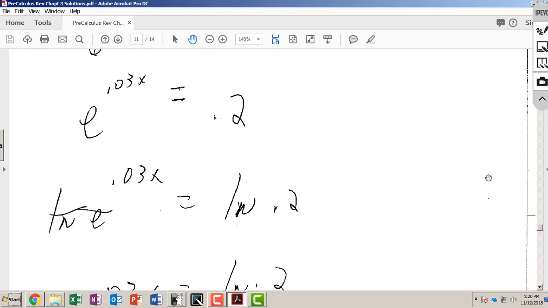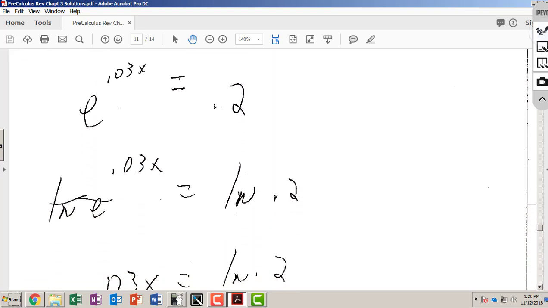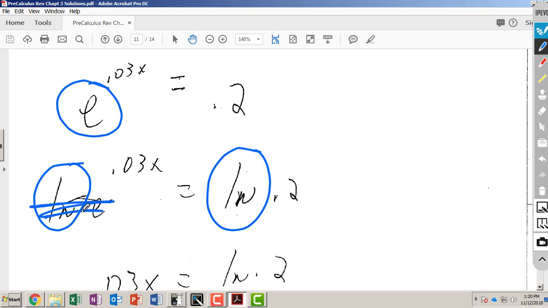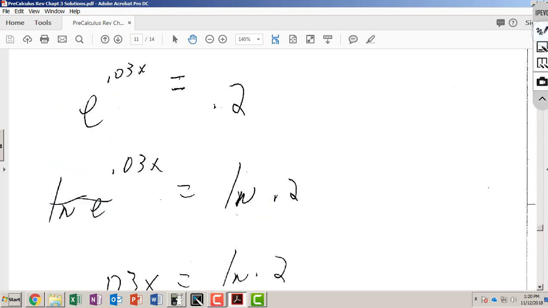When I divide by 6, I end up getting e to the 0.03x equals 0.2. Now I have to remember that the opposite of e is going to be ln, so I'm going to take the ln of both sides of my equation. This crosses out, the ln and e are opposites of each other, and I end up with 0.03x equals the ln of 0.2.